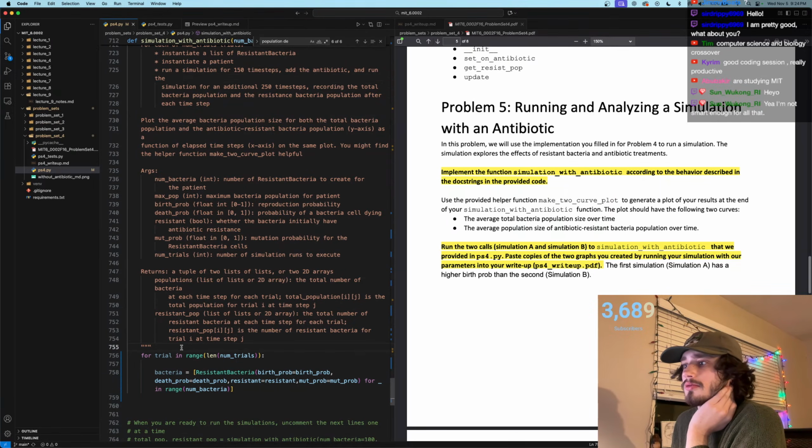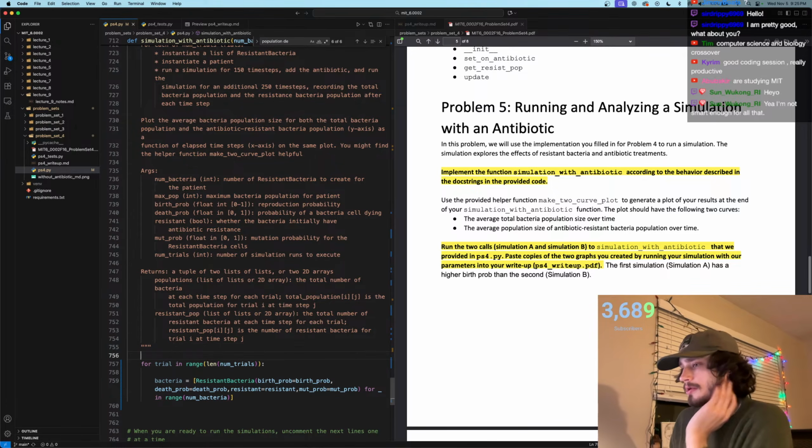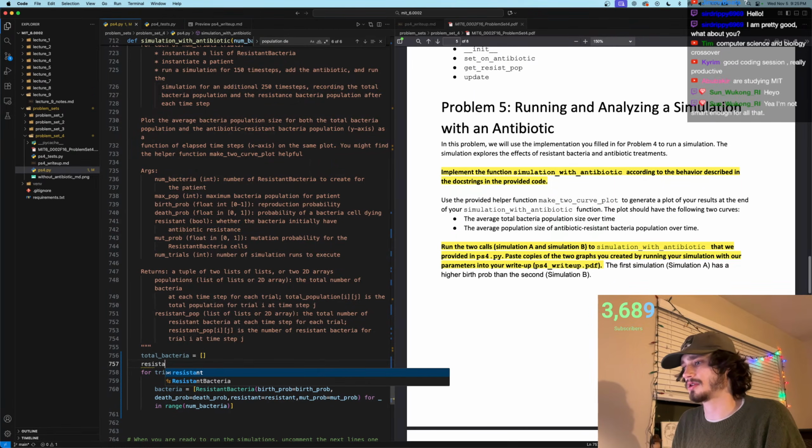Okay, so total bacteria equals a list, and resistant bacteria equals a list.